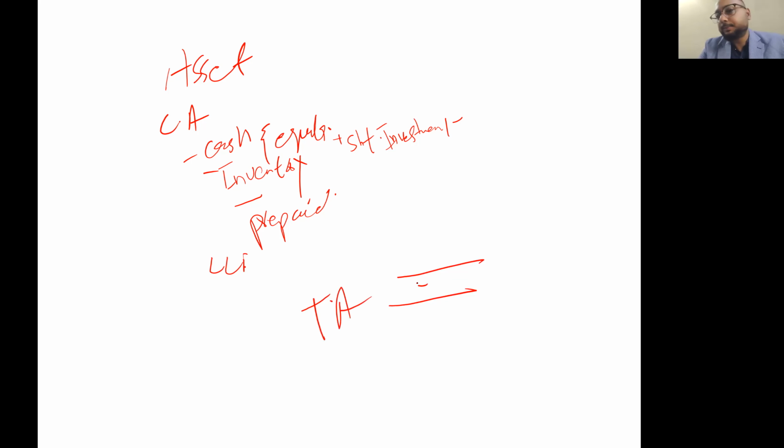Total assets here, right? And for the lower part, liabilities plus owner's equity. First of all, you write down the liabilities. Start from current liabilities.